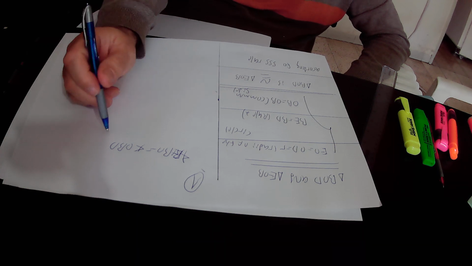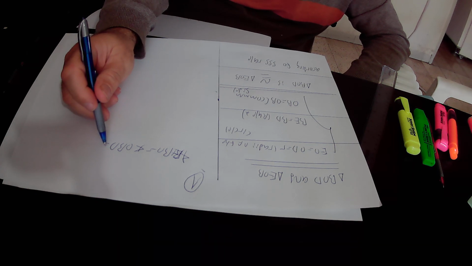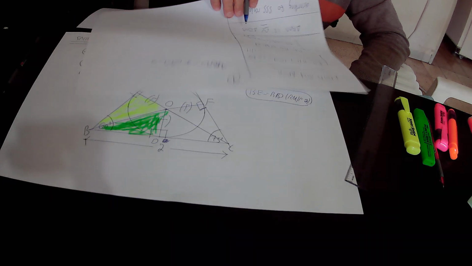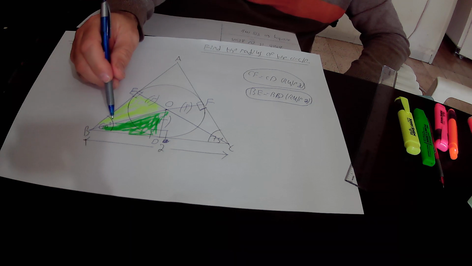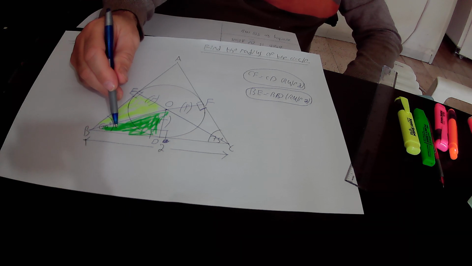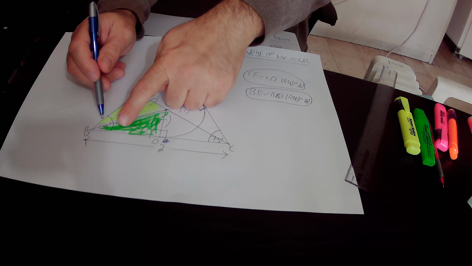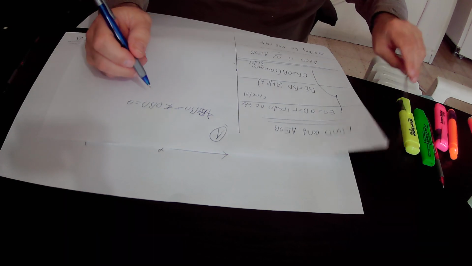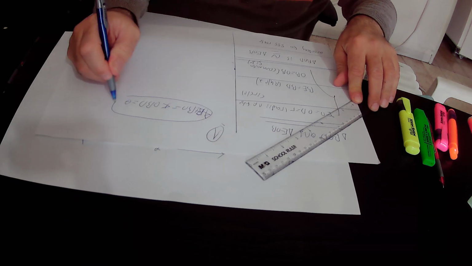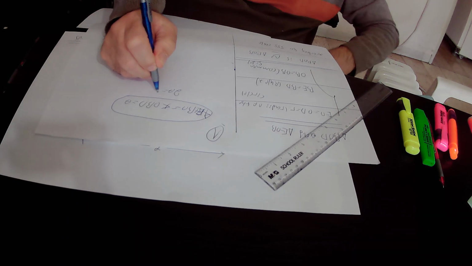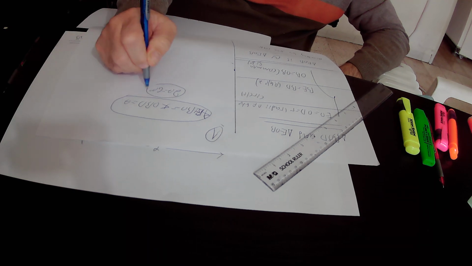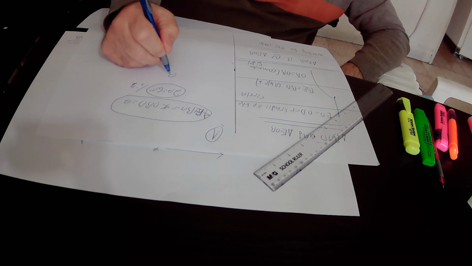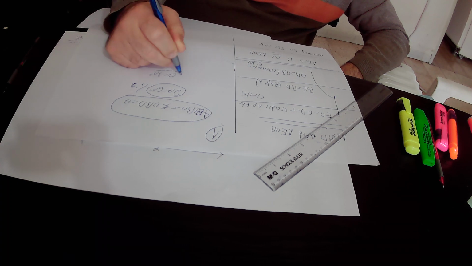If we define one of those angles as theta, then the other angle must also equal theta. So theta plus theta in total must equal 60 degrees. So can I write down that 2 theta equals 60 degrees. We divide this equation by 2. And finally we get that angle theta equals 30 degrees in its size.